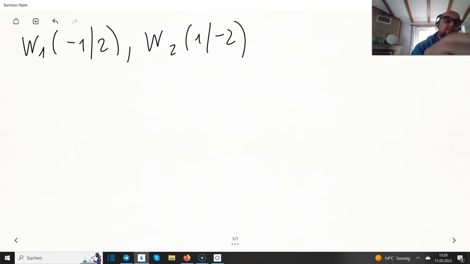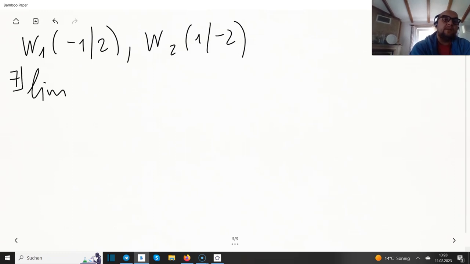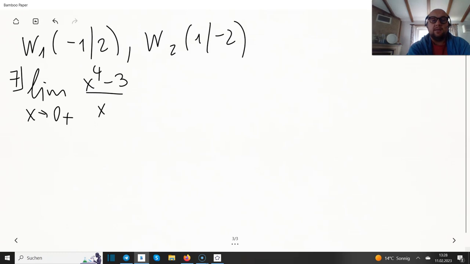But let us see what's happening if we're approaching 0 from the right-hand side. Knowing that we have symmetry, we already know what's happening from the left-hand side as well.